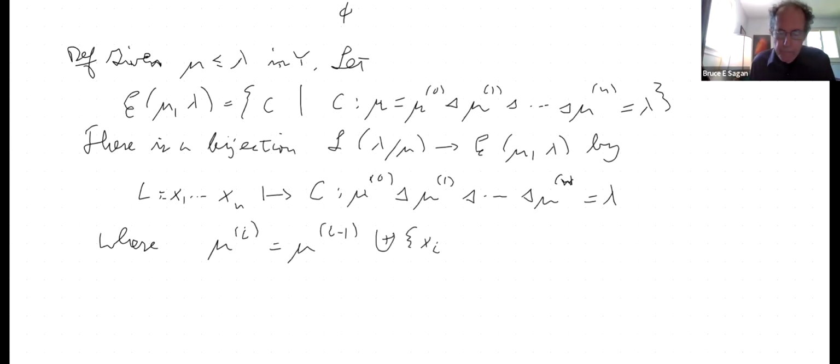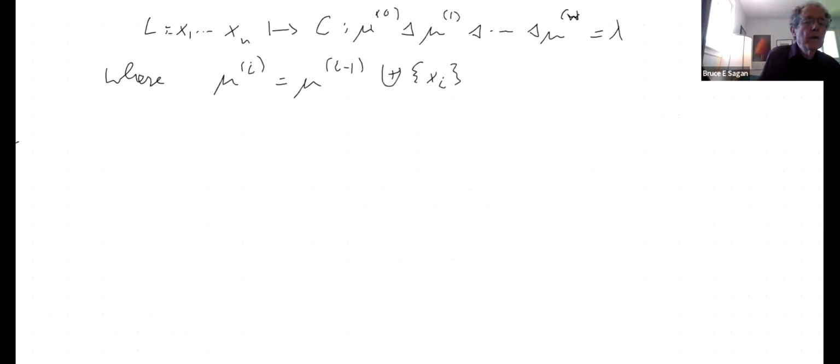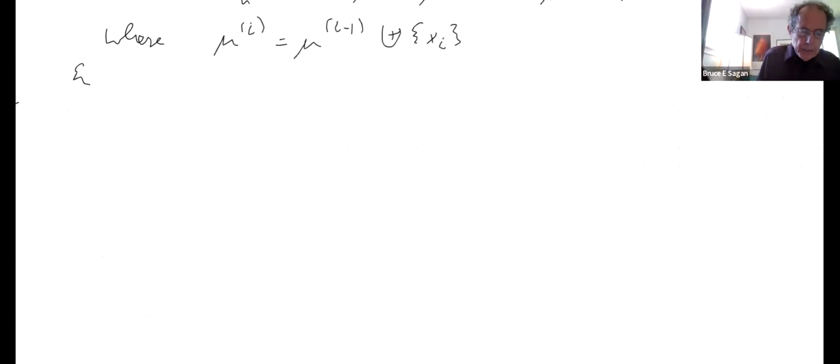Okay, this will become most clear if I do an example. So this is the example we always look at, the 2, 2 example.